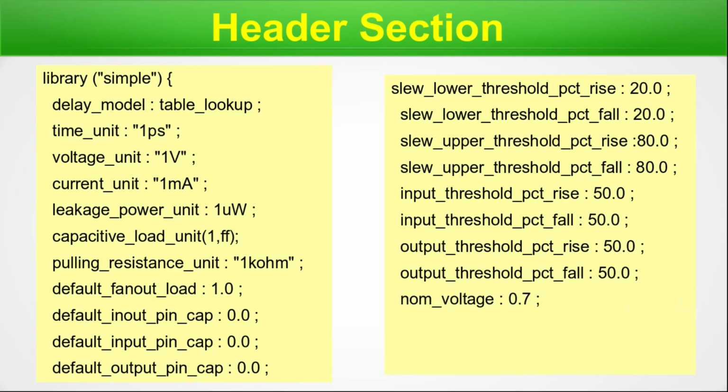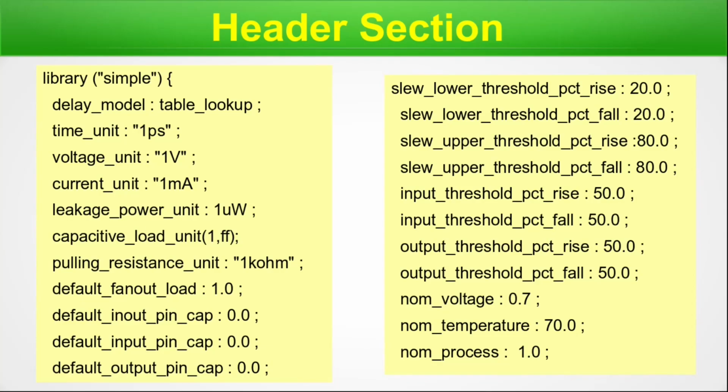Norm voltage 0.7, norm temperature 70.0, norm process 1.0. I would like to mention one thing. Here you can see rise, fall, rise, fall, rise, fall for all of these thresholds. This is because in actual transitions, the inclination of the rise or the slew transition may not be the same, so we explicitly define both of them. So we are done with this example of the header section, and it continues in the next slide.